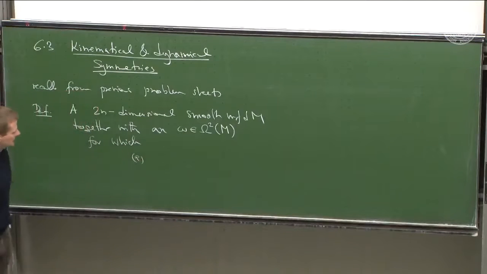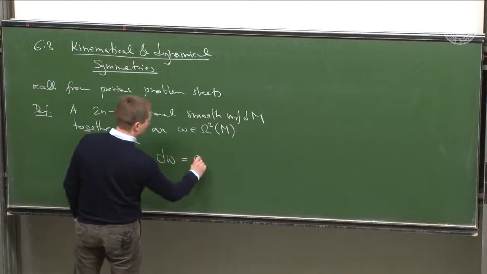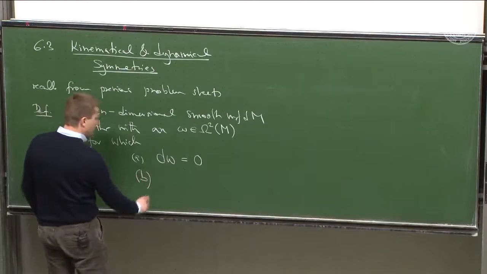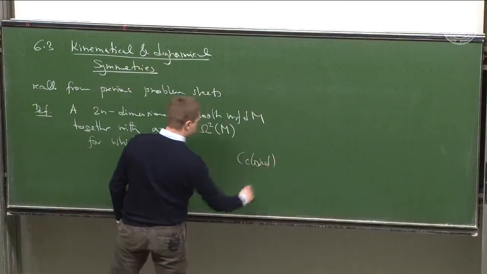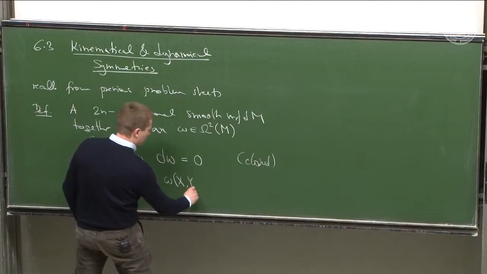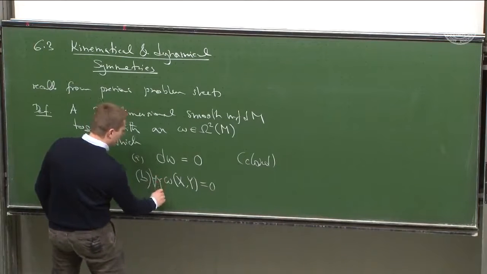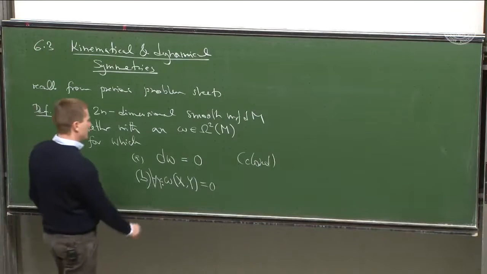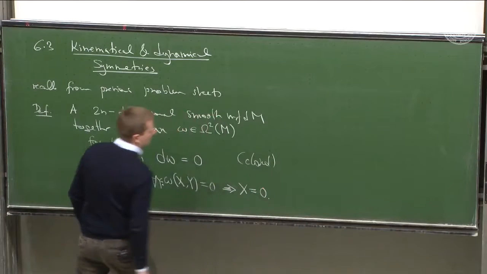A, this two-form is closed, so that means that the exterior derivative of the two-form is 0. And the second condition is that the two-form be non-degenerate. Non-degeneracy here means that if you have omega(x, y) equals 0 for all y, where y is a vector field on this manifold, then you can already conclude that x is 0.